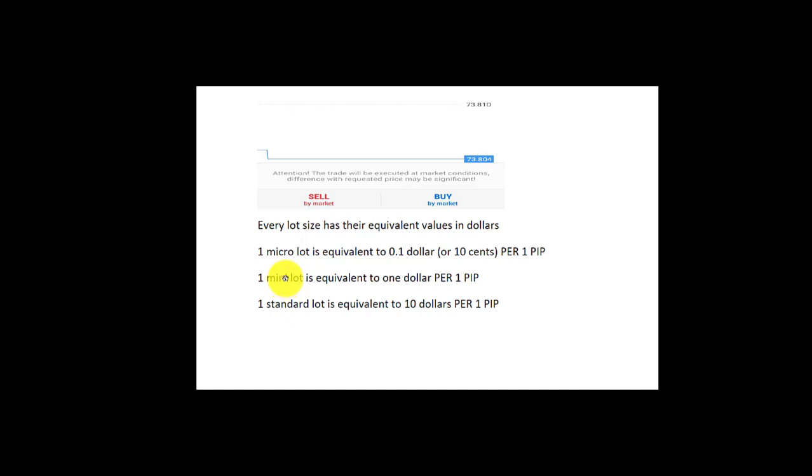So if you open a position on 0.1 lot size and you are able to catch 1 pip, that 1 pip is actually $1. Then one standard lot is equivalent to $10 per pip. This is how to know the dollar equivalent of the position you are taking per amount of pips you are able to take, to the profit or to the losing side. So 0.01 lot is equal to $0.1.